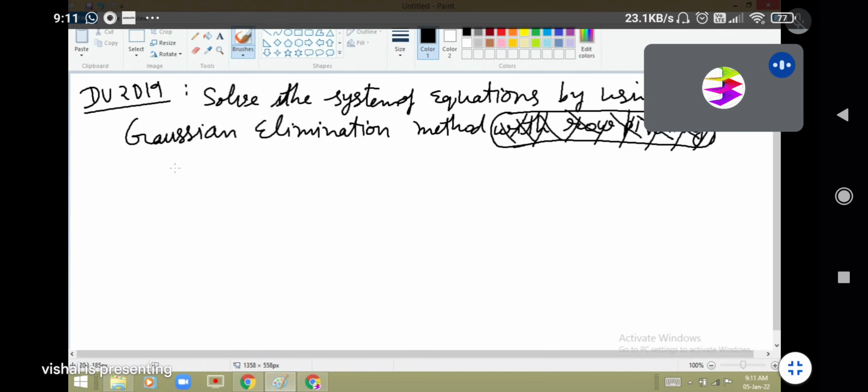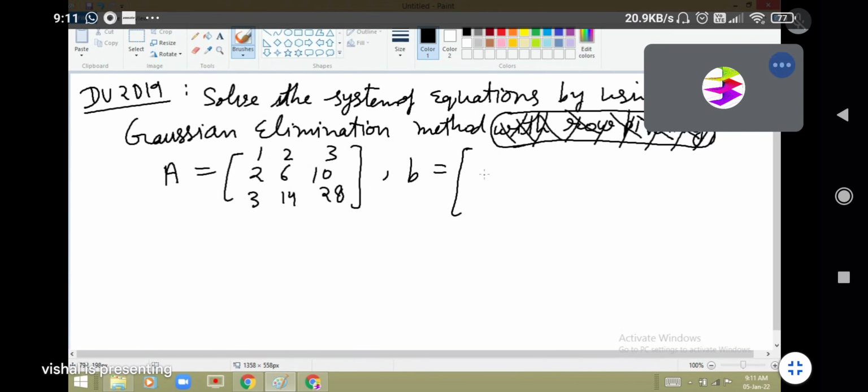What is the system of linear equations? The given A is 1 2 3, 2 6 10, 3 14 28, and b is 1 0 -8, and x is x, y and z.